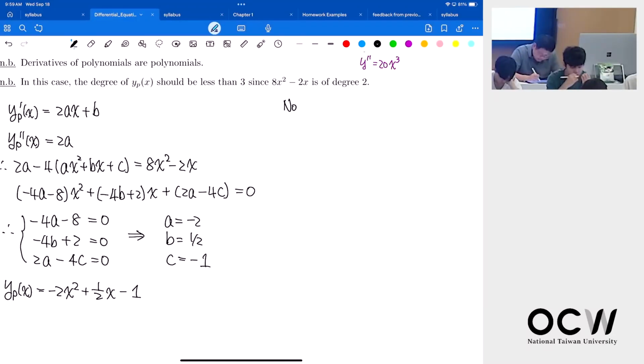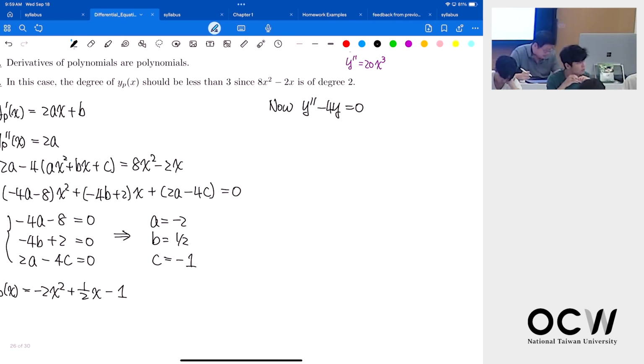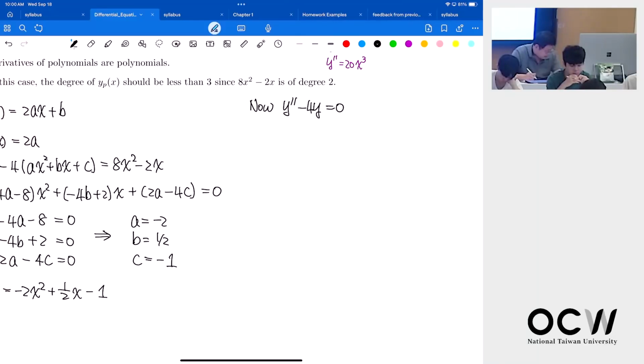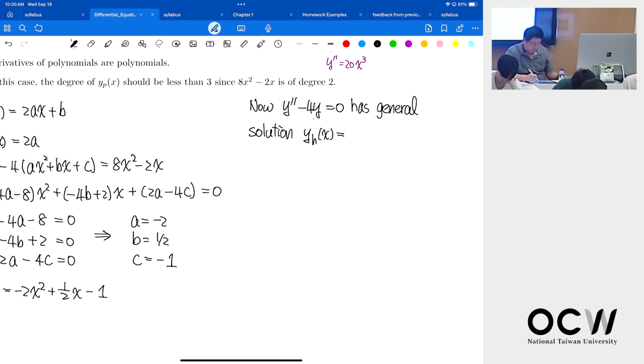Now, we need to consider y double prime minus 4y equals 0. This homogeneous equation has the general solution y of h, and since it is a constant coefficient equation, I have two different roots.